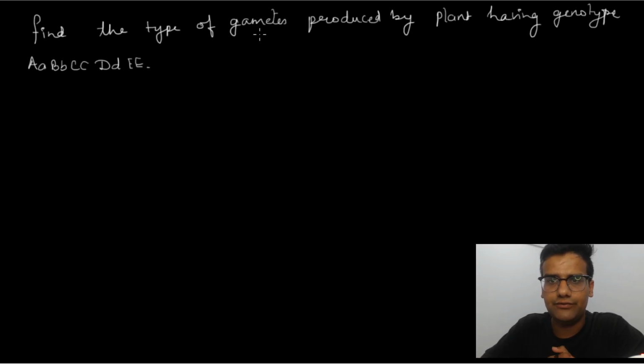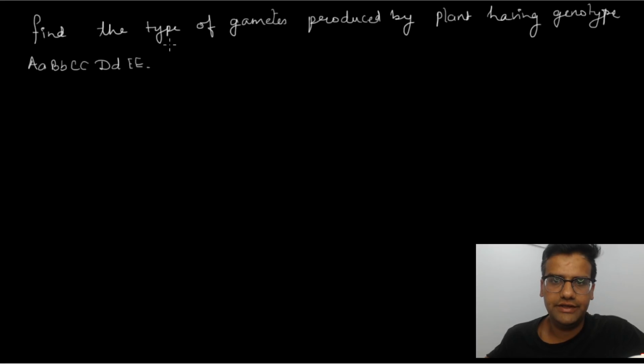If you haven't watched the videos on the different laws, like the principle of inheritance and the principle of segregation, pause this video and watch the principle of inheritance and the other introduction to genetics videos. In this class we are going to talk about numerical problems. So let's start today's class.